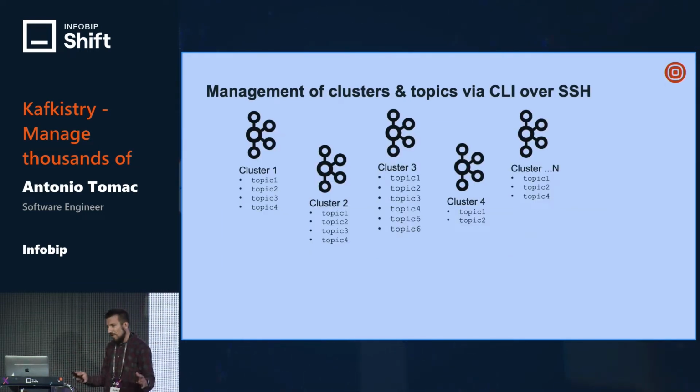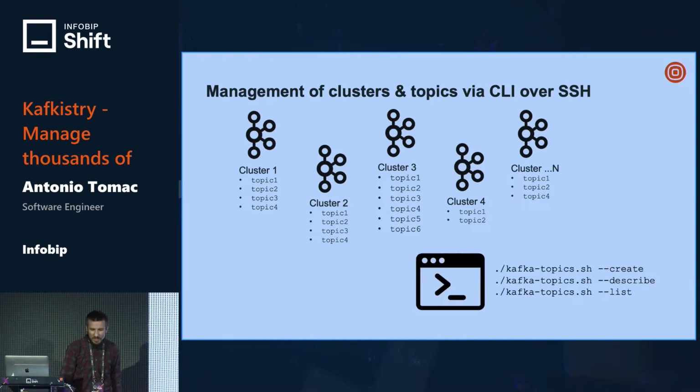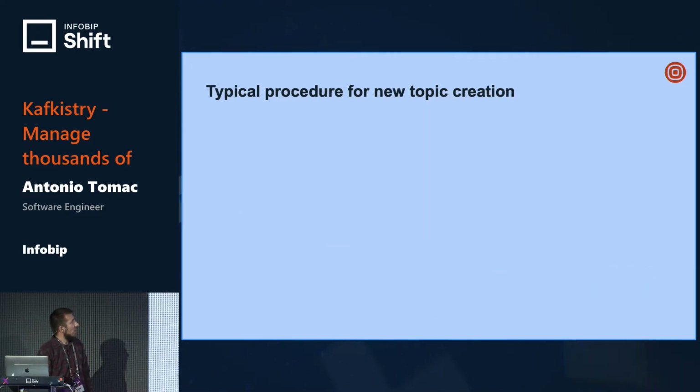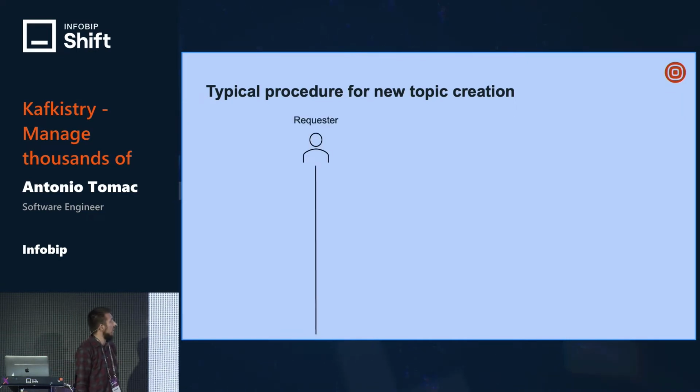And our model before to do any kind of operation on any cluster was that we were using the command line interface, those scripts, either to create topics, to describe them, to list them, everything. And our flow when somebody needed a new topic was the following.